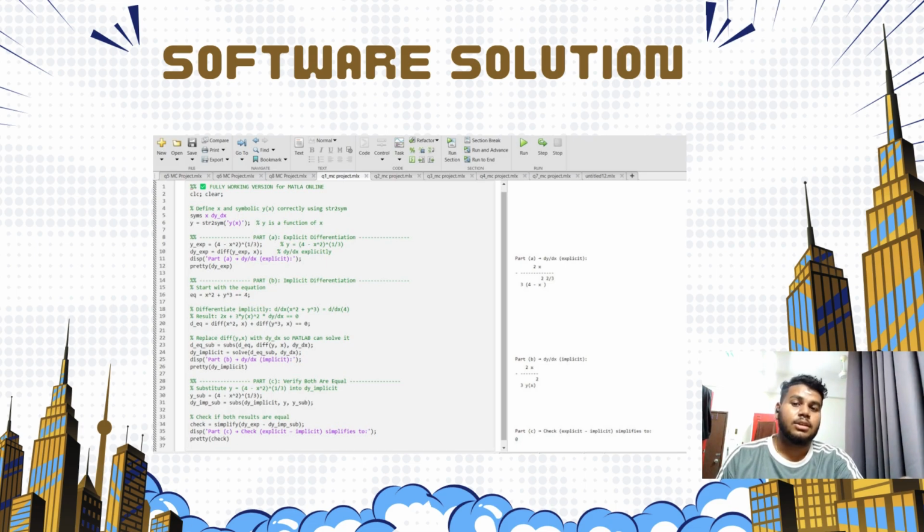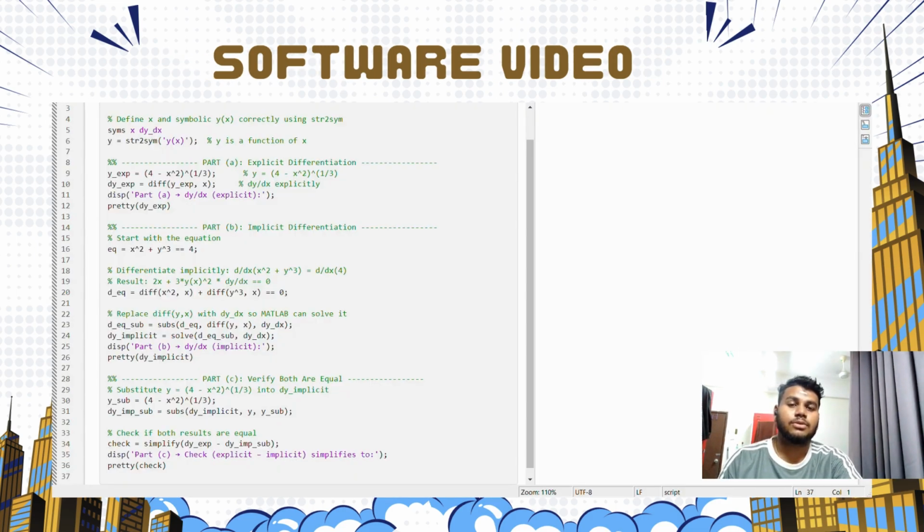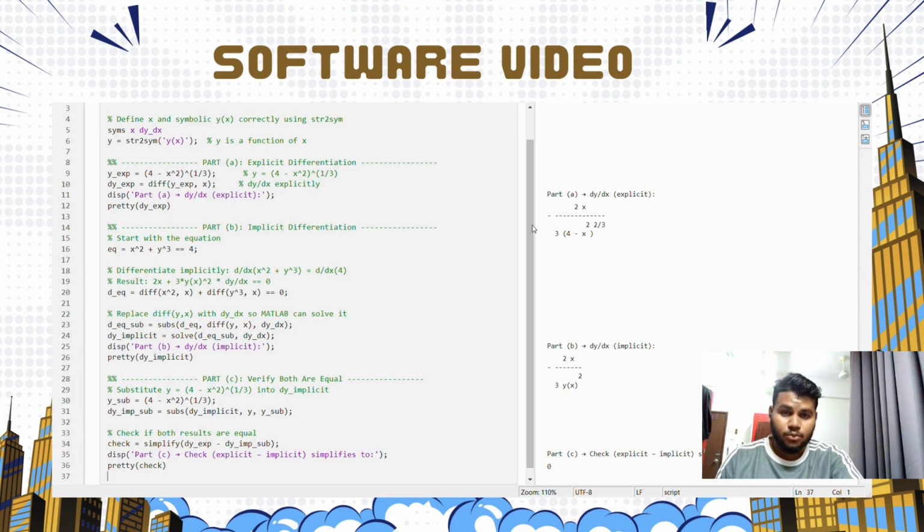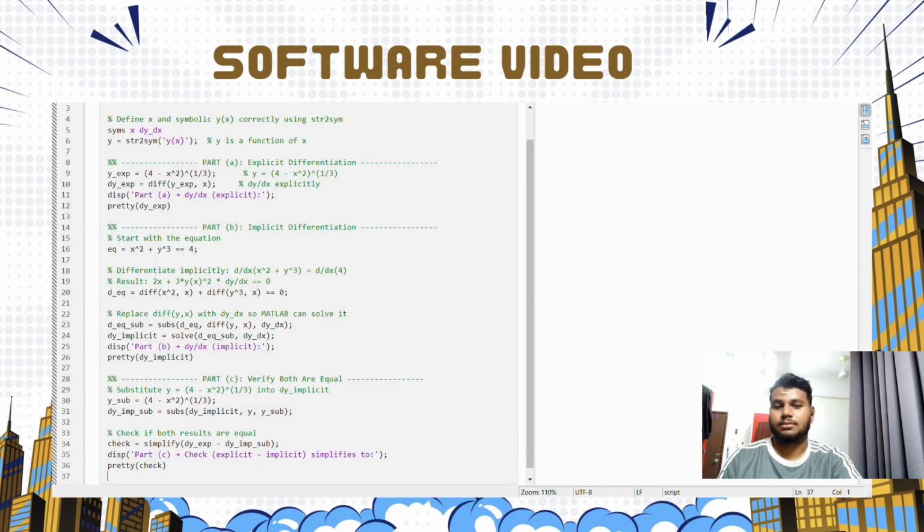So you can see the question A code, question B code, and question C code. And on the right-hand side, you are looking at the answers for questions A, B, and C. So the answers are very similar to the manual calculation. So I would say the answer should be correct. And this is the software video that proves the code ran and gets the exact value of my manual calculation.